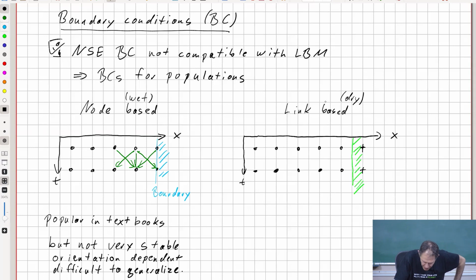Meaning we have here, for example, let me take another color, something going in here and something going out here. So we would have the boundary condition not on the node, but on this link, so on this one population at this intermediate time and in this intermediate space.